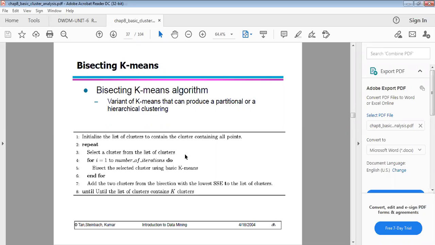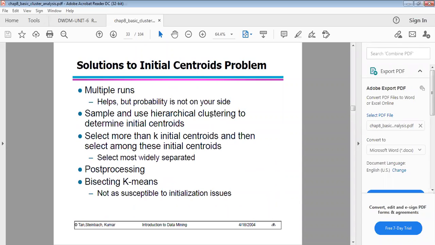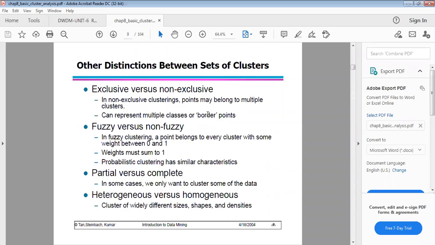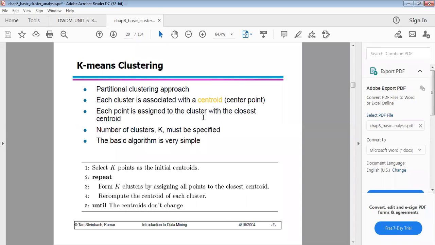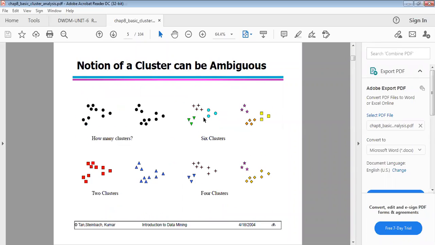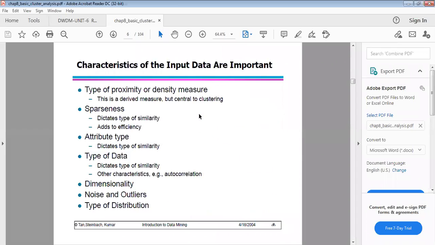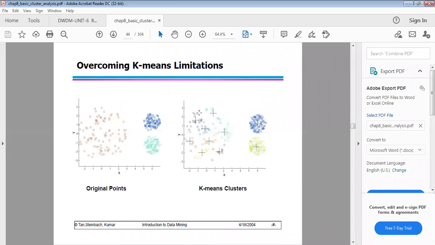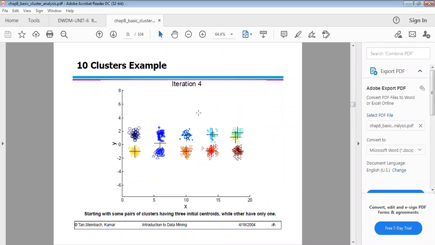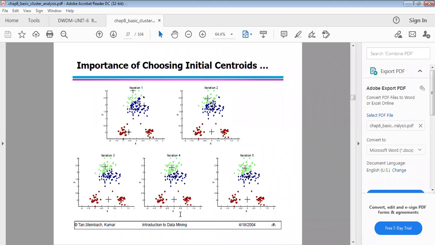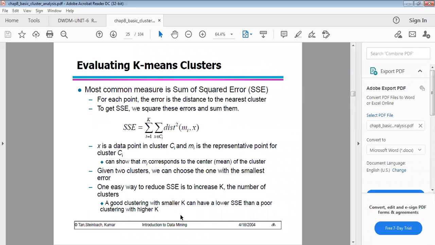After repeating, you can get the centroid, and then add the 2 clusters from the bisection with the lowest SSE, the sum of squared error.